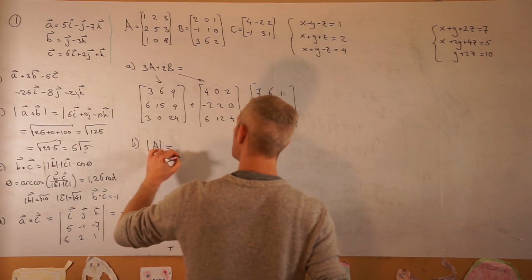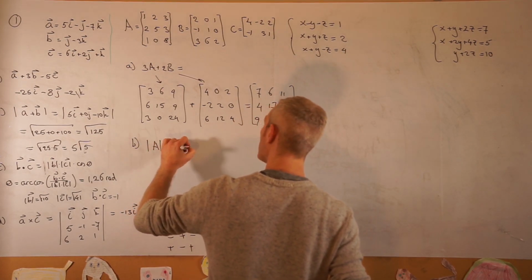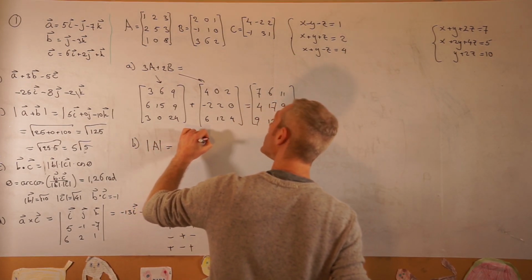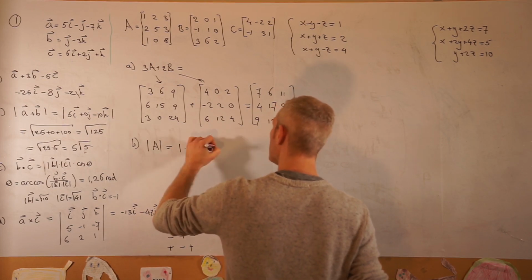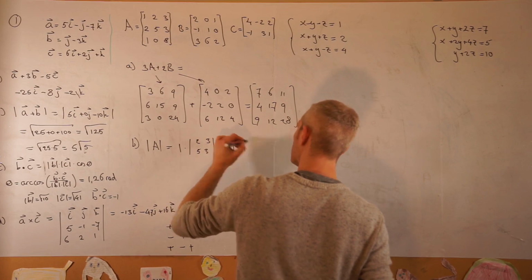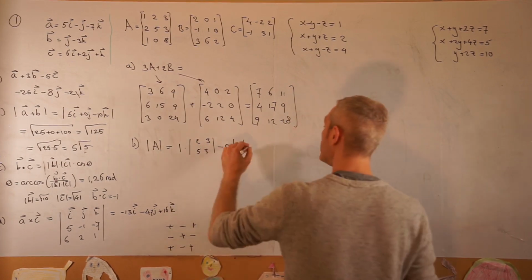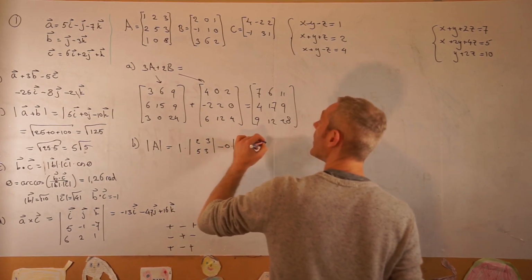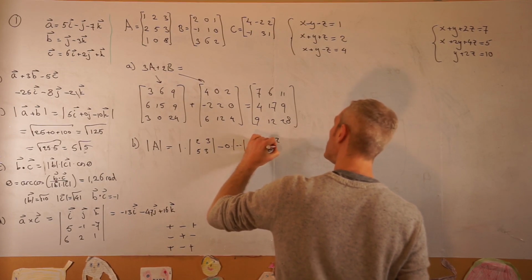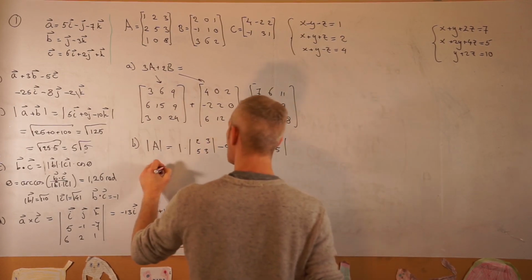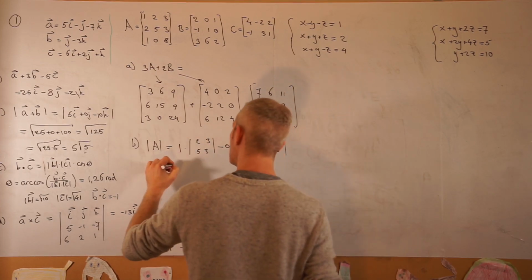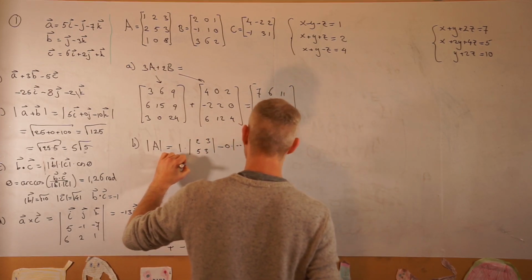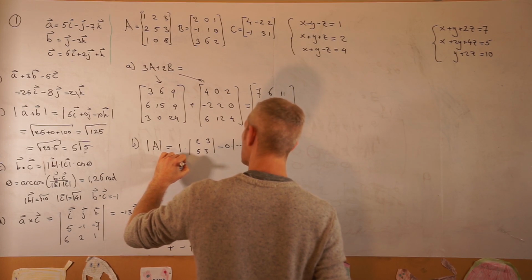And so that is 1 times the determinant 2, 3, 5, 3 minus 0 times really whatever, because it's 0 anyway, plus 8 times 1, 2, 2, 5. So that's equal to 6 minus 15 is minus 9.